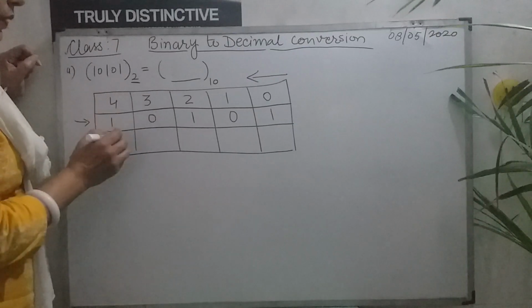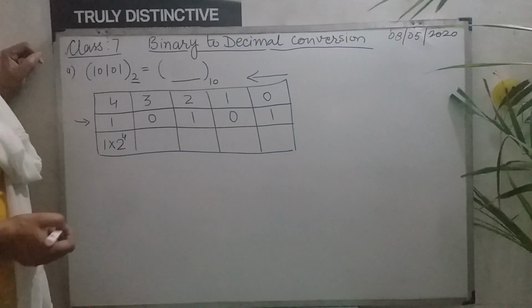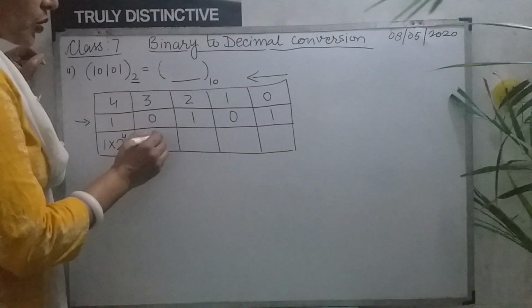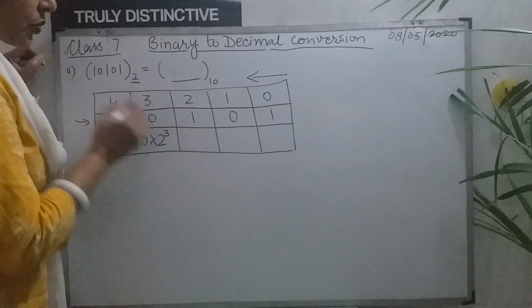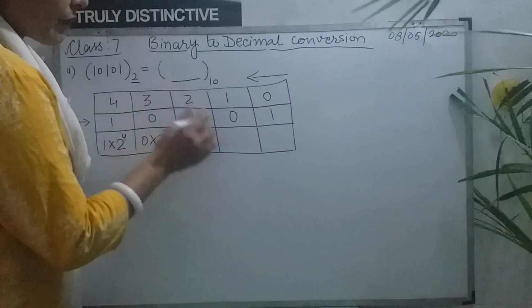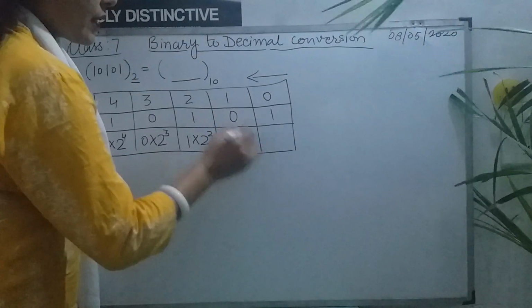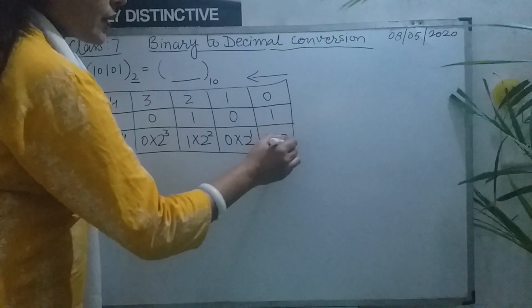So 1 into 2's power 4. Our second digit is 0, so 0 into 2's power, what is the column number? 3. So the power will be 3. Then 1 into 2's power 2. Then 0 into 2 power 1. Then 1 into 2's power 0.